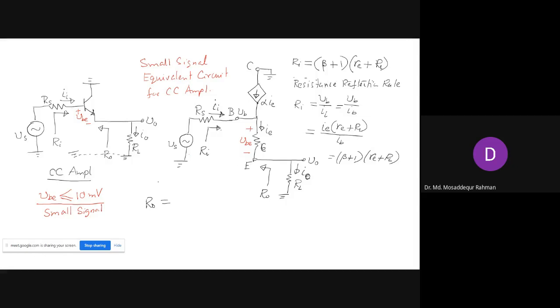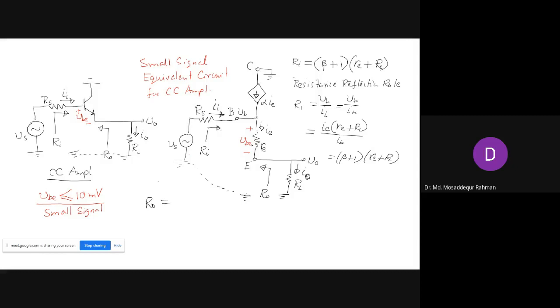See, the output resistance is between the emitter point and, again, the ground, right? So we need to determine the output resistance between these two points. If you start from this point, you go all the way to the ground. So we have to trace this path to determine the output resistance.